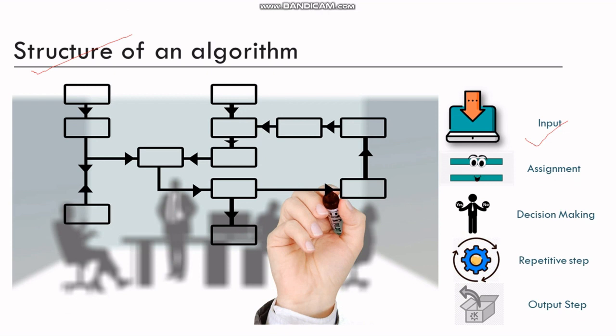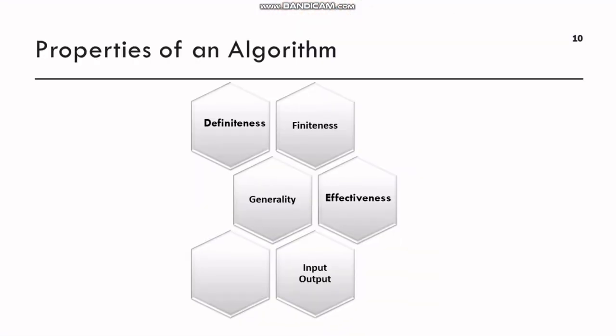An algorithm has an input, an assignment, decision making, a repetitive step, and an output step. Properties of an algorithm. There are various properties of an algorithm starting from definiteness, finiteness, generality, effectiveness, input and output. Let's understand this one by one.